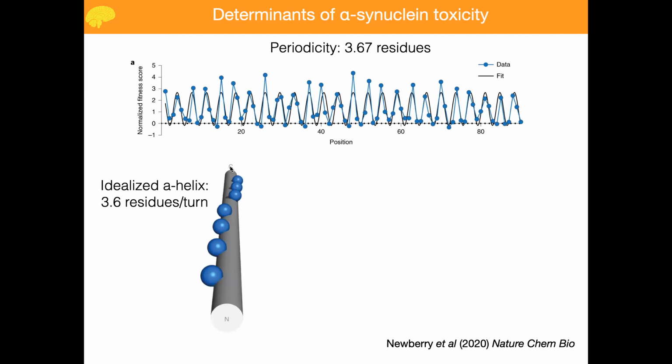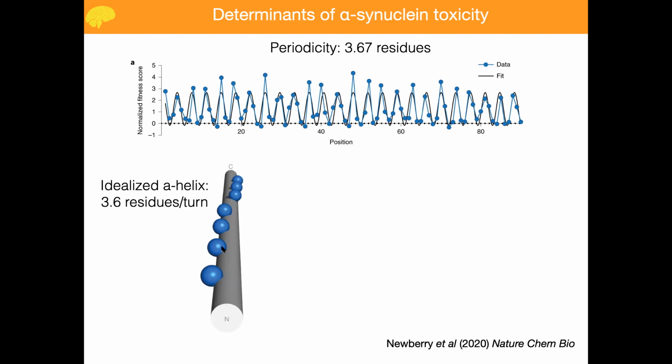In fact, if you take this idealized alpha helix and you map this 3.67 periodicity on the surface of that, you will appreciate that these residues kind of migrate around the alpha helix. So if indeed this relevant conformation of alpha-synuclein was a perfect alpha helix, then the hydrophobic residues would start to drift along the axis and around the axis.